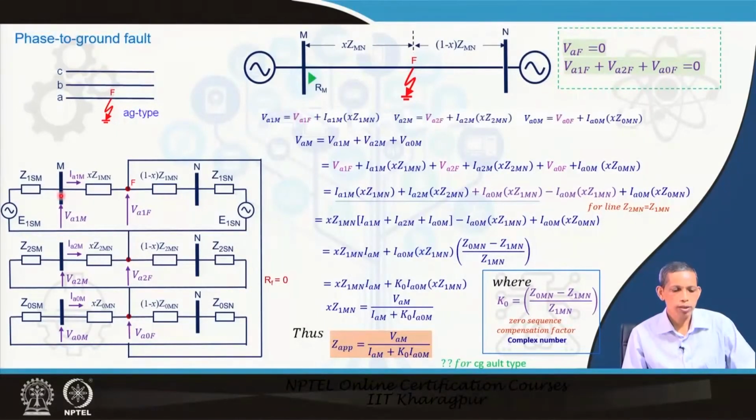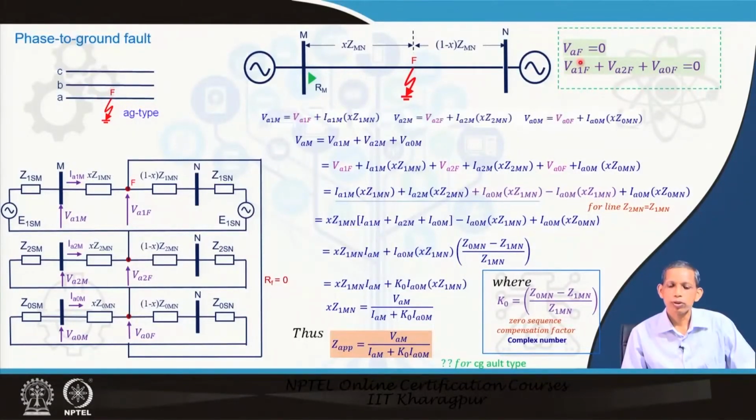This is the M bus, so the corresponding quantities are the positive sequence voltage and current seen by the relay, the negative sequence voltage and current, and the zero sequence voltage and current. Now, this is a line to ground fault case, an AG type fault. So, phase A at the F point will be grounded, meaning the voltage is 0.